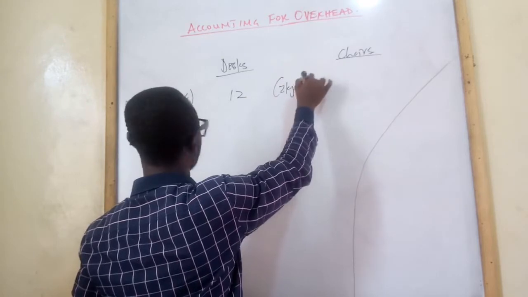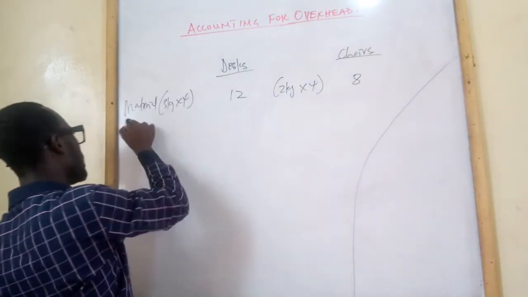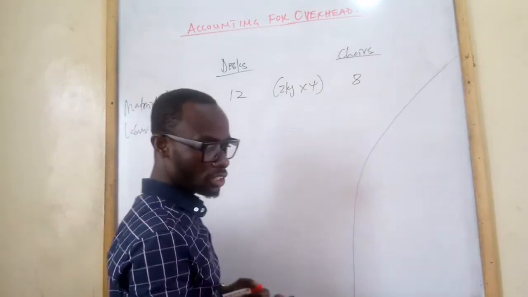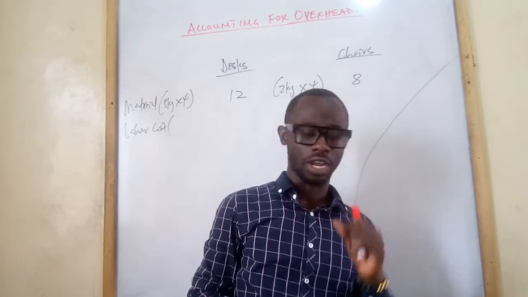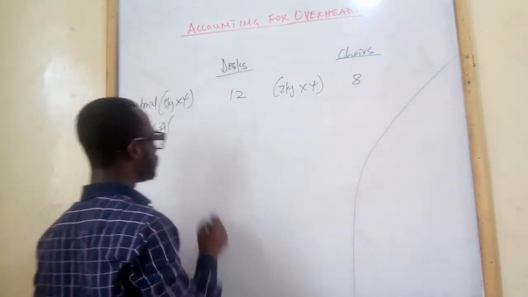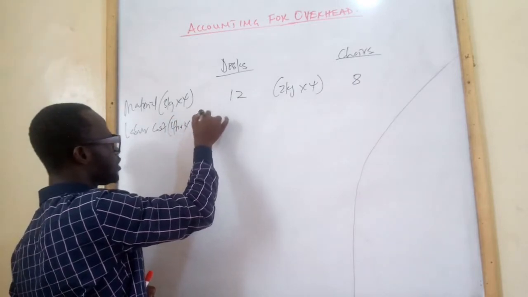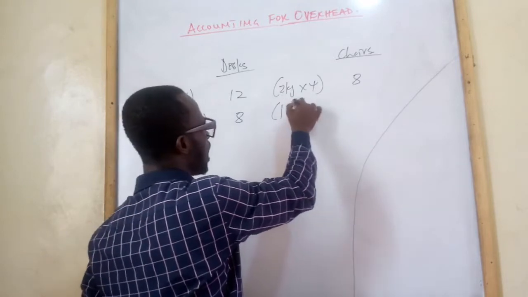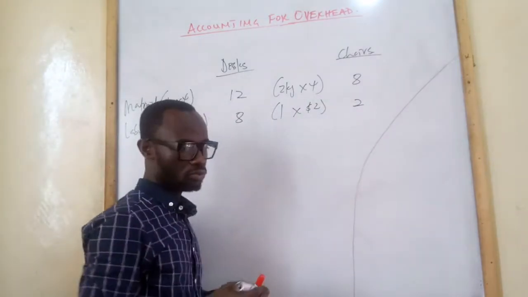So that's 2 kg by $4, and that is going to be 8. Then the labor cost. We are told in the question that the desk uses 4 hours to produce 1 desk, but the rate per hour is $2. So 4 hours by $2, that's going to be 8. For the chair it uses 1 hour by $2, and so that's going to be 2.